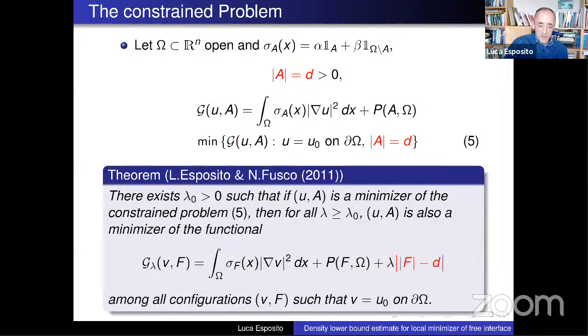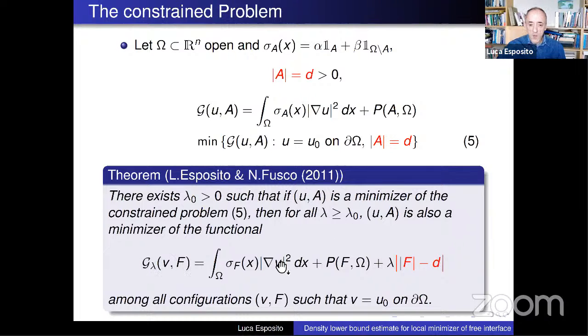But these results come in help because in 2011 we proved that indeed if you penalize the difference between the measure of F and D, here in red, then you can prove the following.